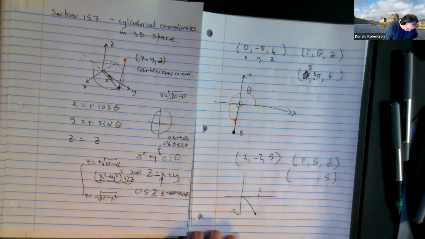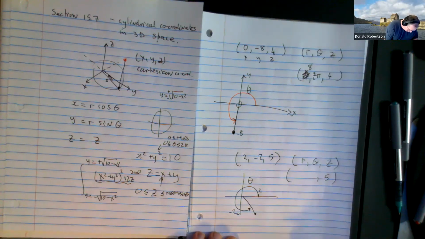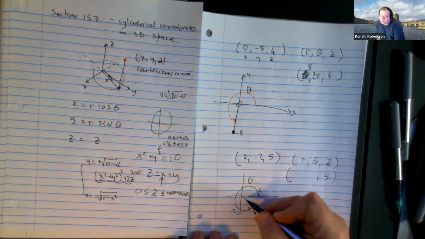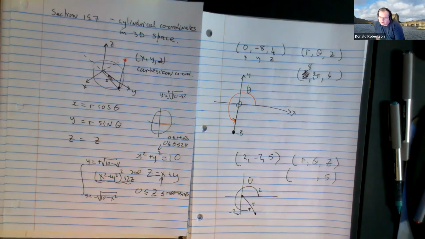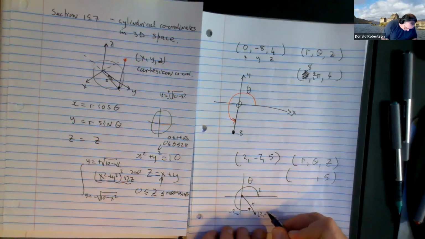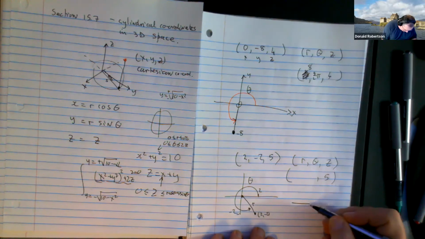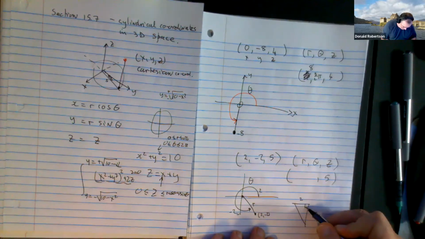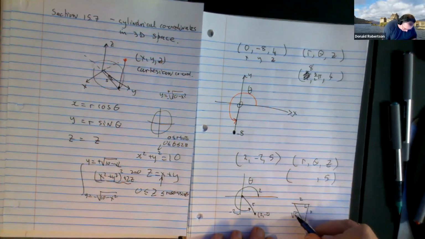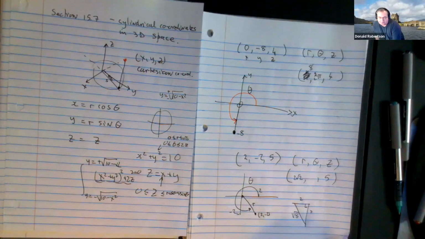The angle theta is that angle, and r is the distance from here to here. Agreed? Now, from the origin to this point here, if you draw a little right angle triangle, any orientation you like, won't it be the square root of 8, which is 2 root 2? So that would be an example where 2 root 2 would happen.